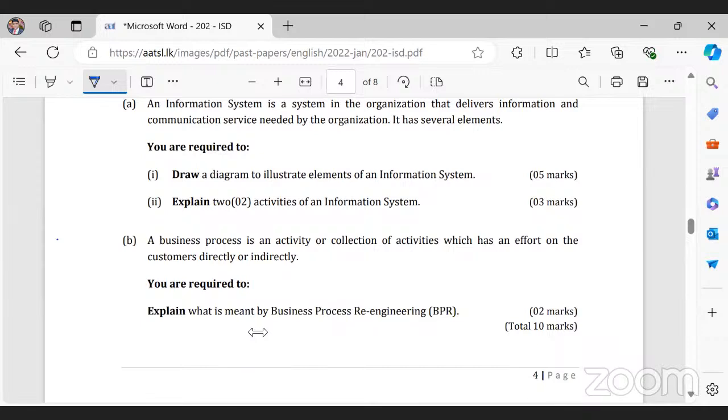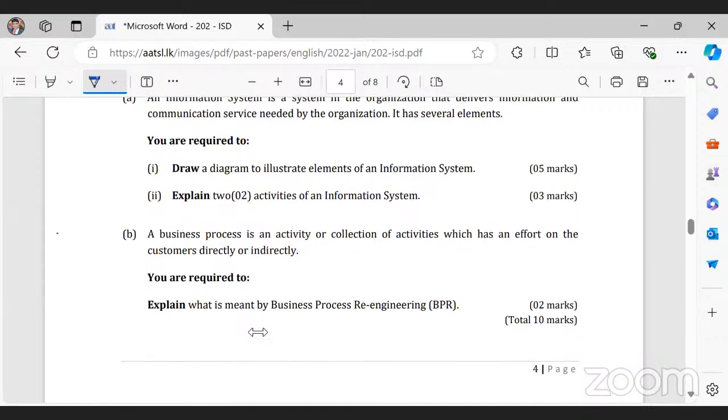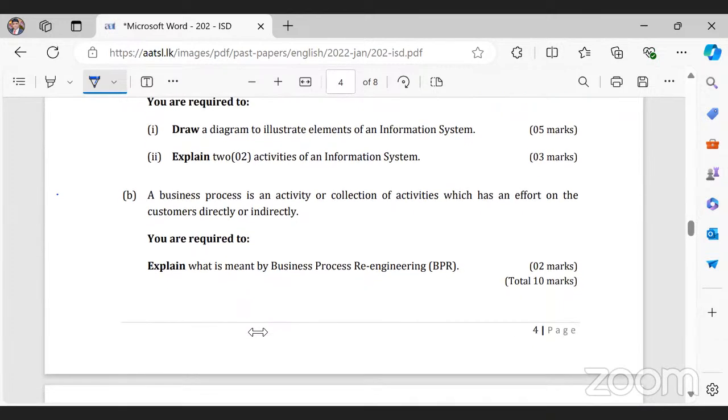Business process is a collection of activities which has an effect on the customers directly. You are required to explain what is meant by business process reengineering.